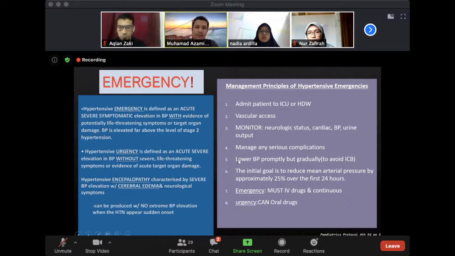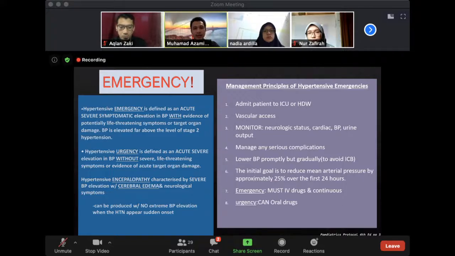There's no more elaboration. So I think the fourth edition ini dia dah remove yang previous punya, ada parts for hypertensive crisis dengan hypertensive emergency, and then they put down the recommended management for them.